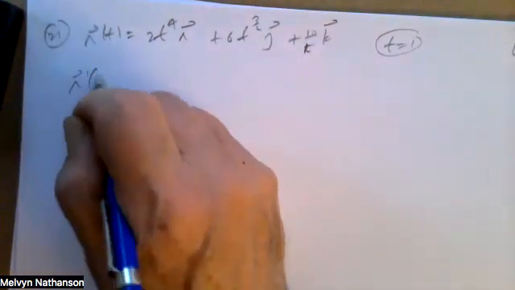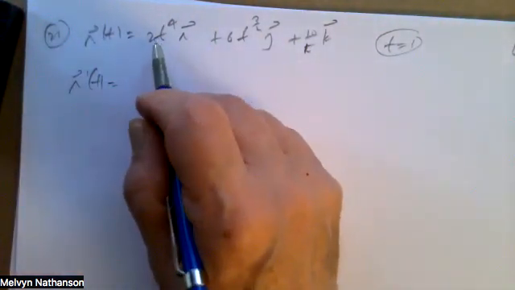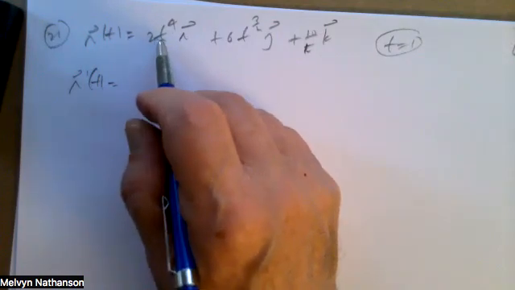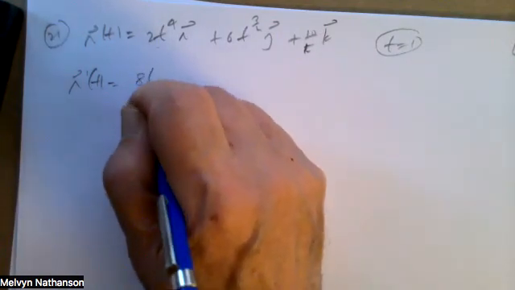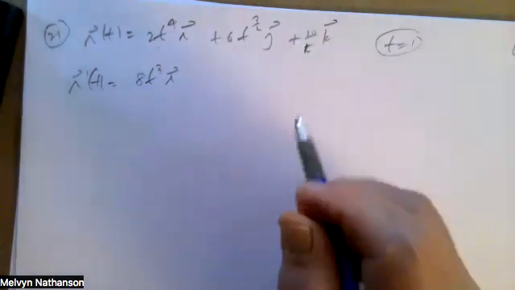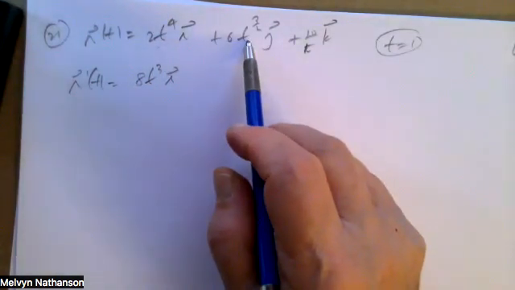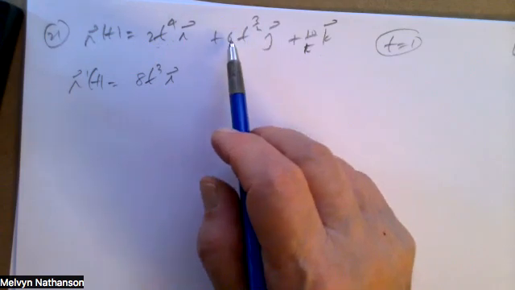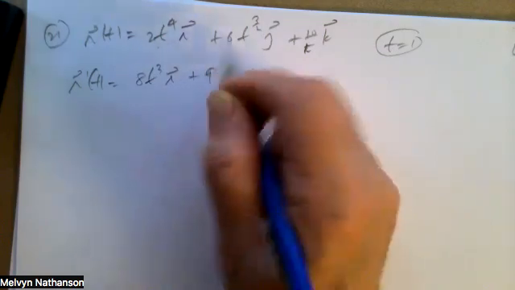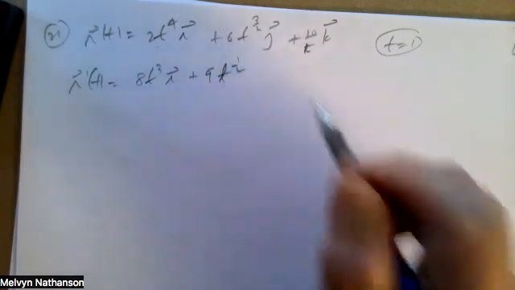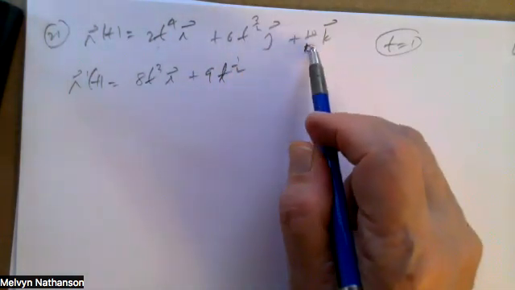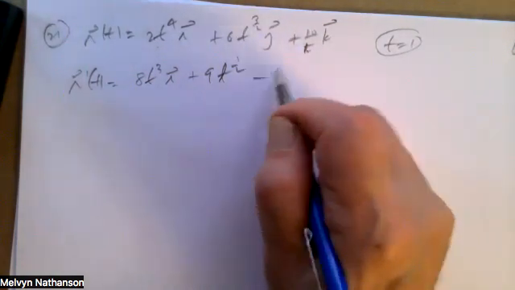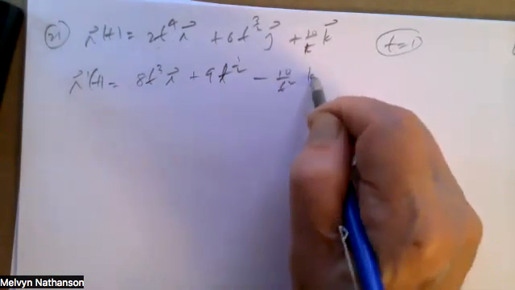So r prime of t, when you differentiate 2t to the fourth, you get 2 times 4, which is 8t cubed i. The derivative of t to the 3/2 is 3/2 t to the 1/2. 6 times 3/2 is 9t to the 1/2. And the derivative of 10 over t is minus 10 over t squared.